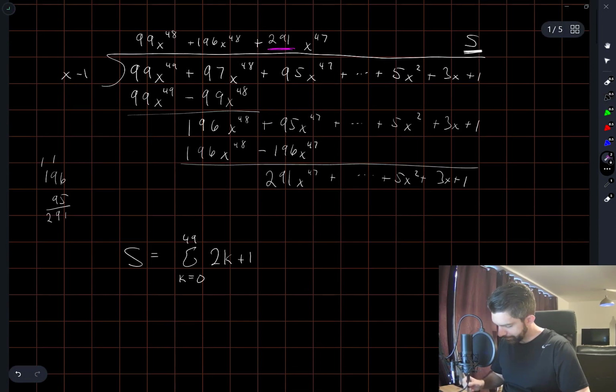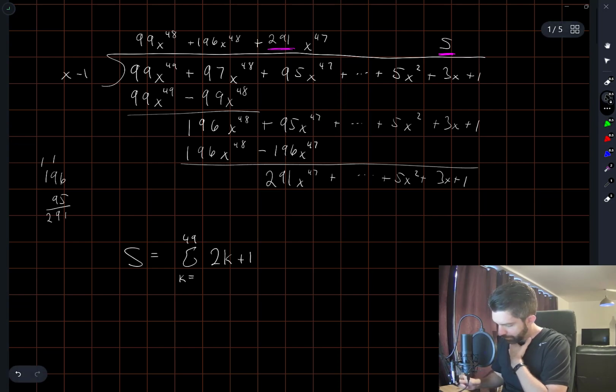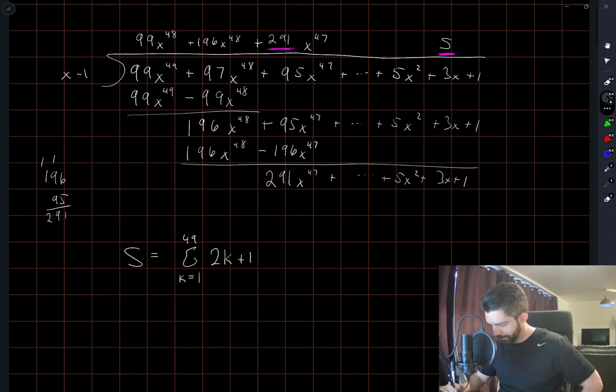Well, hold on. If I redo this, the number that goes here above the 3, let's call this S. This will be the sum as k goes from 1 to 49. And then I would have S times x here. I'd take a difference.